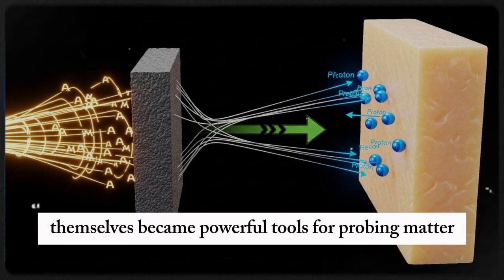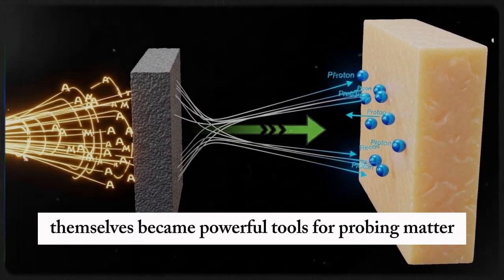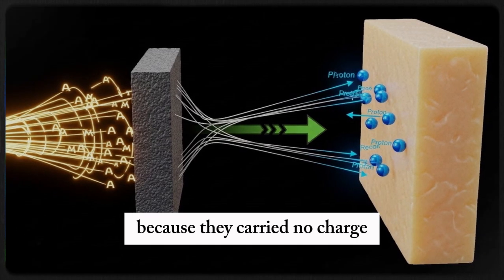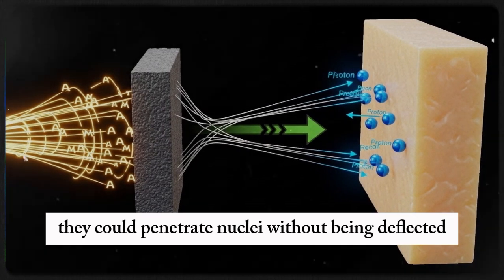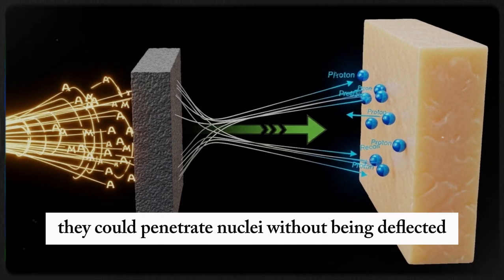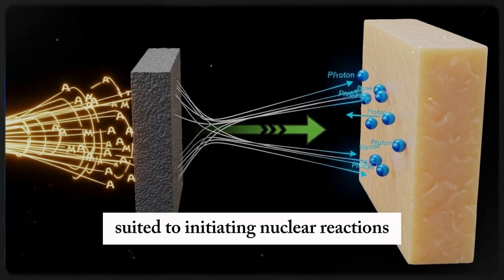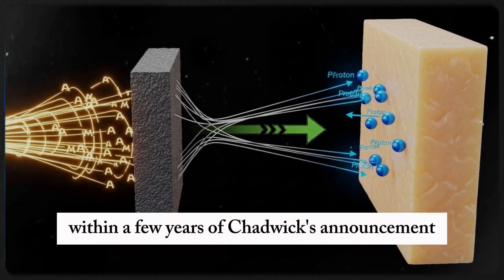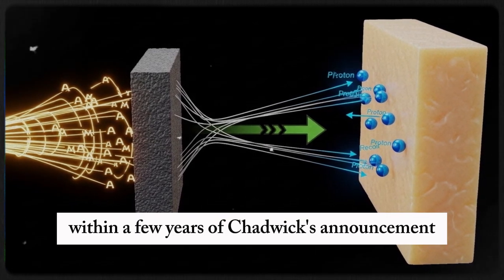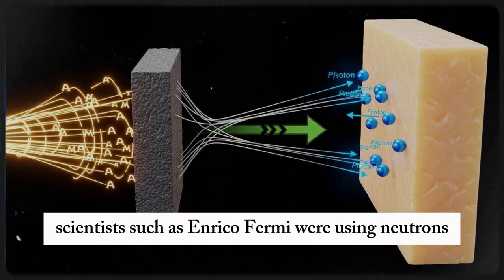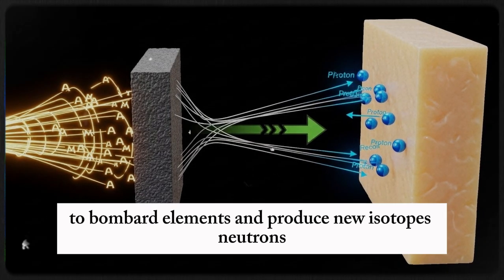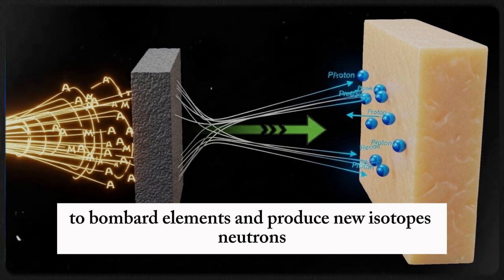Moreover, neutrons themselves became powerful tools for probing matter. Because they carried no charge, they could penetrate nuclei without being deflected by electric fields. This made them uniquely suited to initiating nuclear reactions. Within a few years of Chadwick's announcement, scientists such as Enrico Fermi were using neutrons to bombard elements and produce new isotopes.